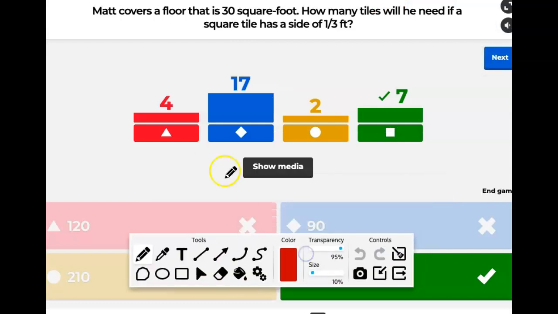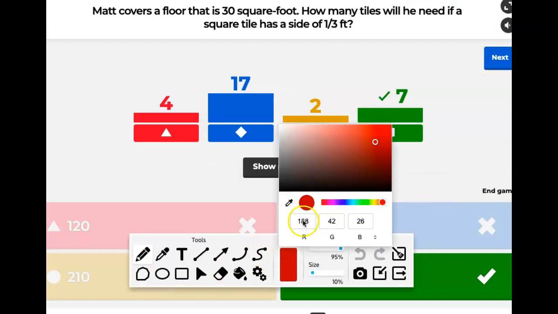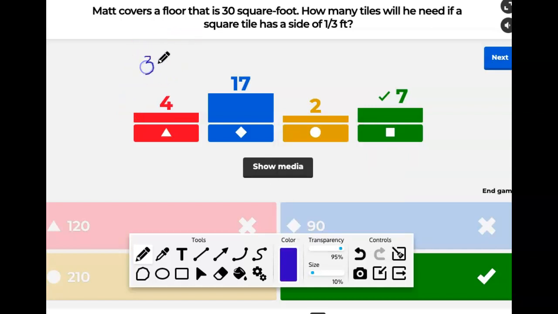Oh my goodness. Remember yesterday we had this problem with 27? I think it was the room, but this time the room is 30. You need to find how many square tiles we could put in the 30 square foot room. So you know the side of a tile is 1/3, and the area is 1/3 times 1/3.